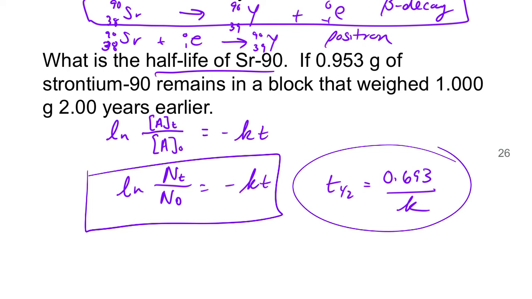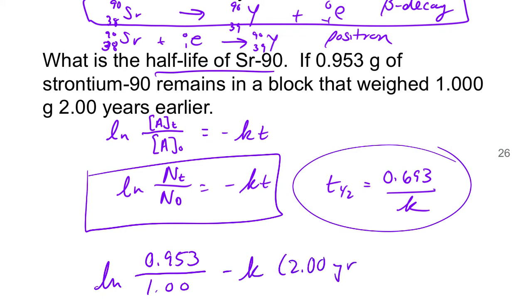Let's calculate k. We're going to take the natural log of 0.953 over 1. So that's our final mass in the numerator and initial mass in the denominator, equals minus k times 2 years.